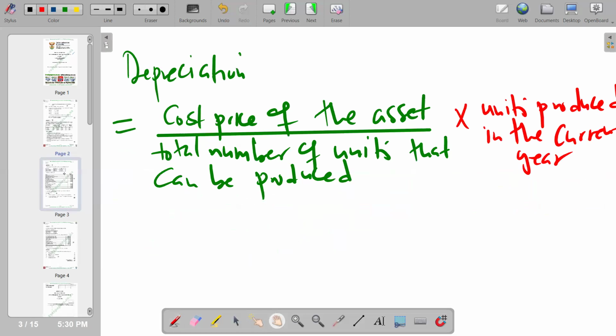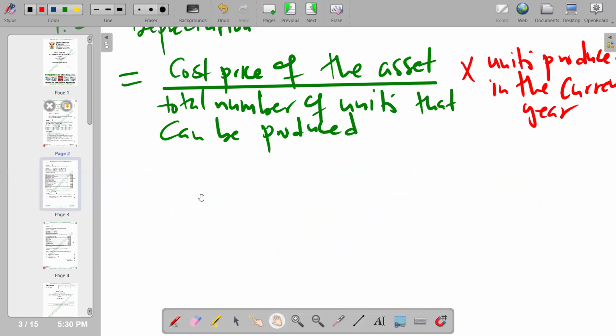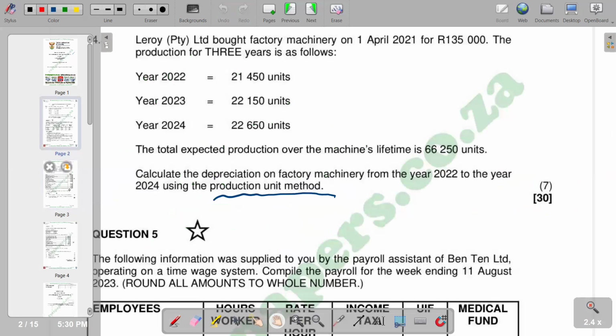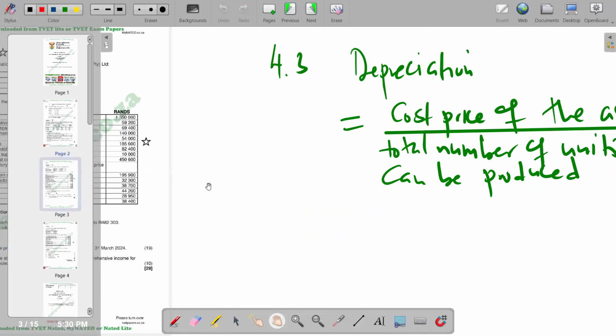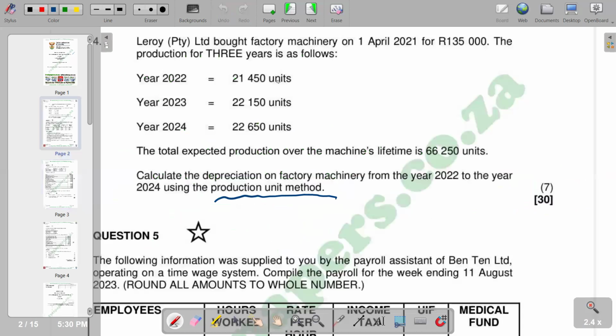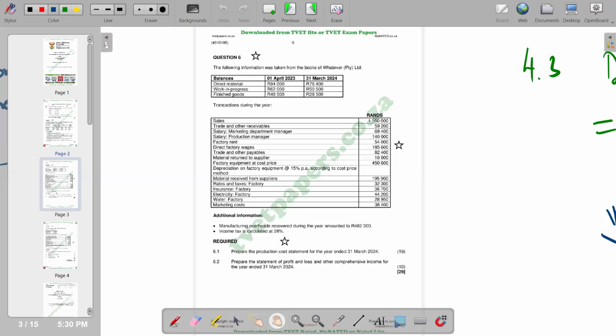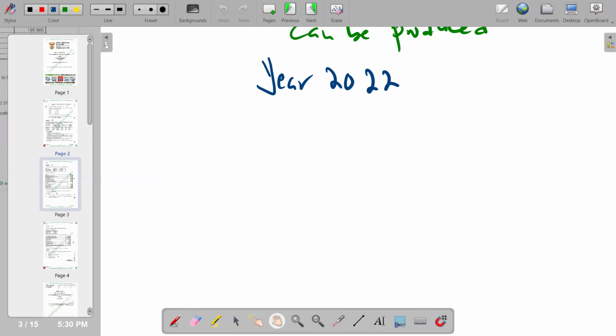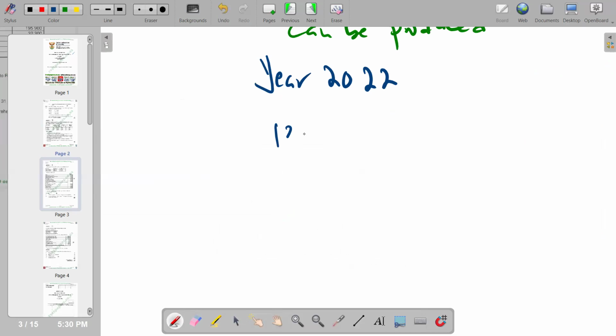So remember, we have 3 different years that we are going to calculate. You can start with year 2022. The cost price of the asset is 135,000.